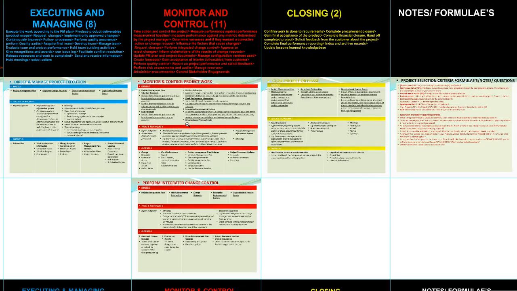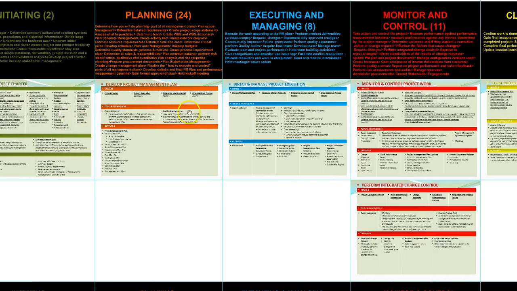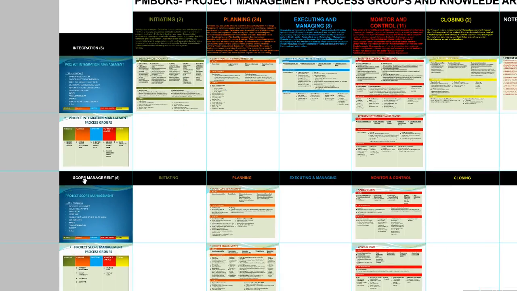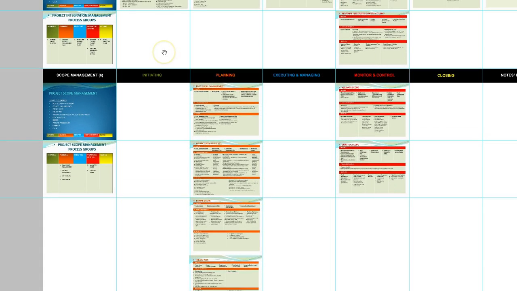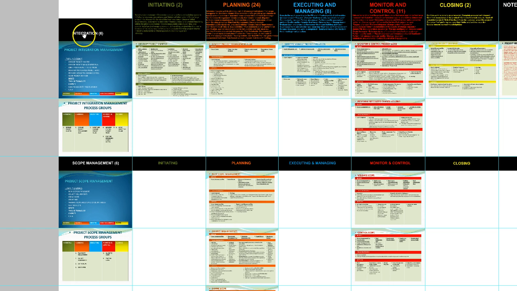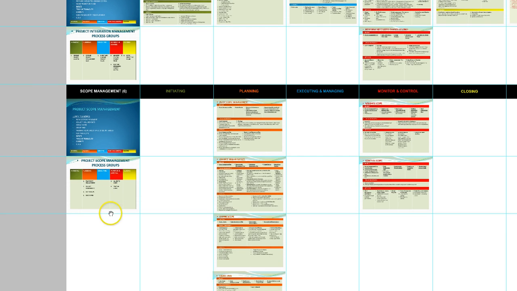So now let's go to the next knowledge area, which is project scope management. So the first one was project integration management, total number of 6 processes. Second one is project scope management, total number of 6 processes.